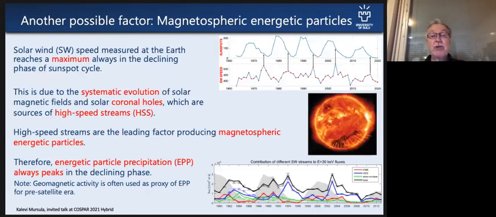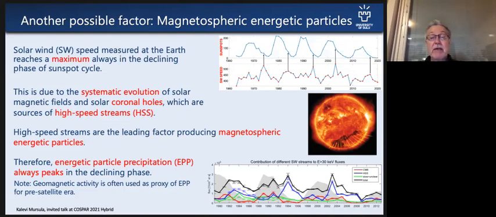There is one more suggested NAO driver which does have a natural relation to the declining phase of the sunspot cycle, and that is the magnetospheric energetic particles, which is often equated as the so-called geomagnetic activity. The EPP particles, these energetic particles, are typically from 1 keV to 1 MeV, mainly electrons.